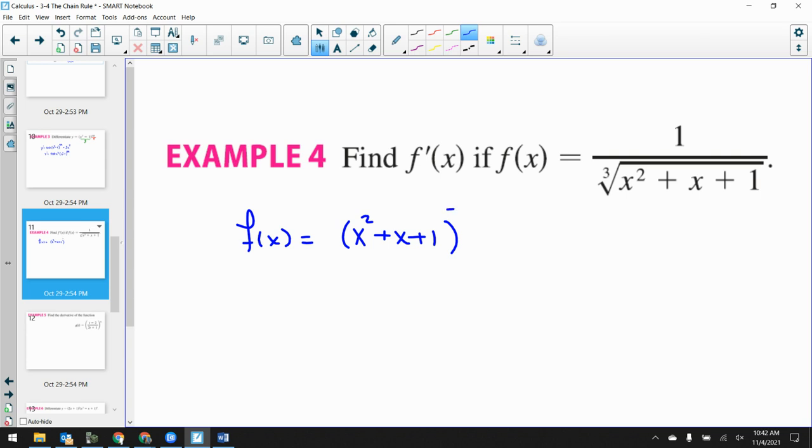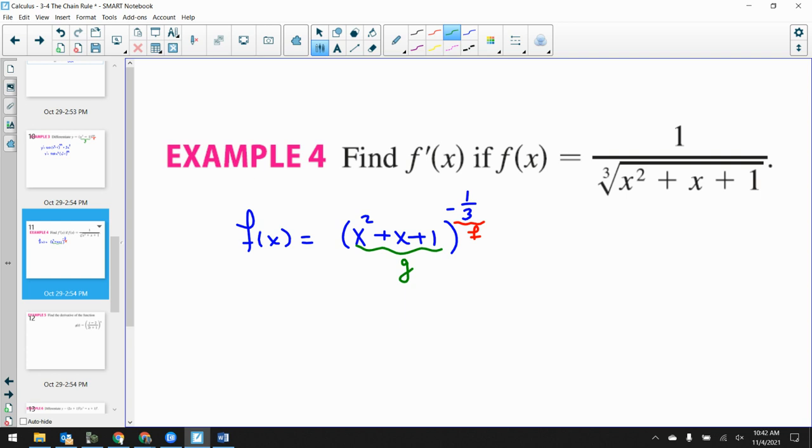And what is this power here? 1/3, right? So this is like a negative 1/3 power, because the third root is a 1/3 power, and then if I bring it up to the top, it'll make it a negative 1/3 power. So again, this is my f.